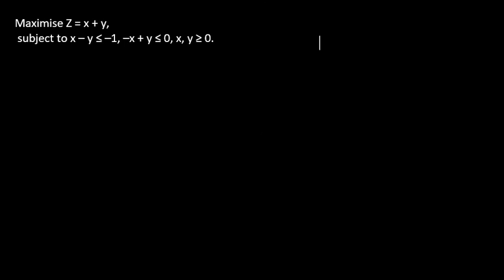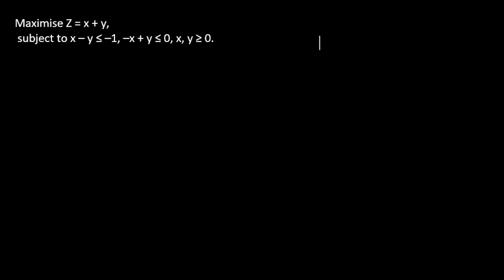So in this lecture we have understood how to solve linear programming problems. What we have to do here is first plot all the equations, then locate the feasible region, then check the value of z at the corner points. The corner point at which we get the maximum z value gives the maximum value of z, and similarly for the minimum value.